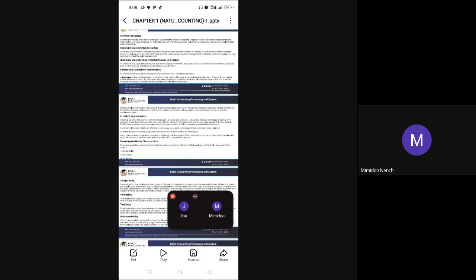Now, for confirmatory value, we are looking at where the information helps users confirm their earlier assessments and predictions made in the what? Made in the past. That is, it helps you to confirm what you've done in the past, the assessment you've made in the past.